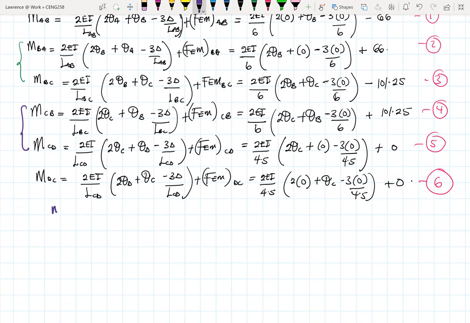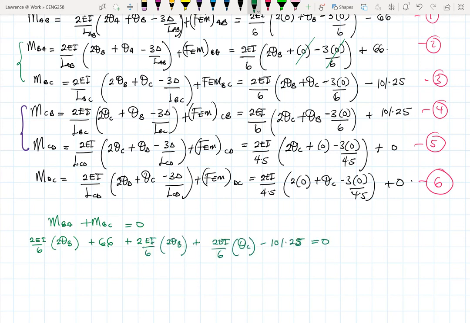So theta A equals 0. It's going to be one long equation, but the idea is the same. Then plus 66. That's because all these are 0, so there's no need to bring them into the equation. Then for the MBC, we are summing them up, we have 2 plus 2EI over 6 theta C minus 1 theta C. All of this should be equal to 0.